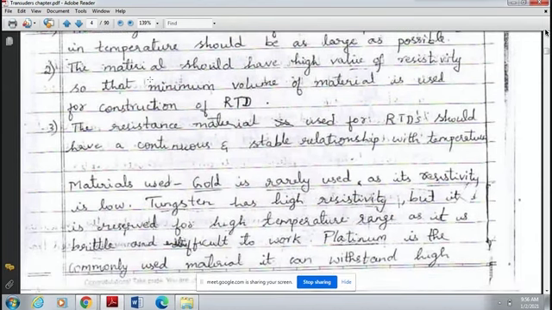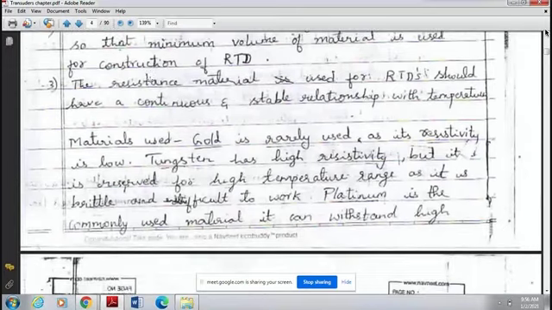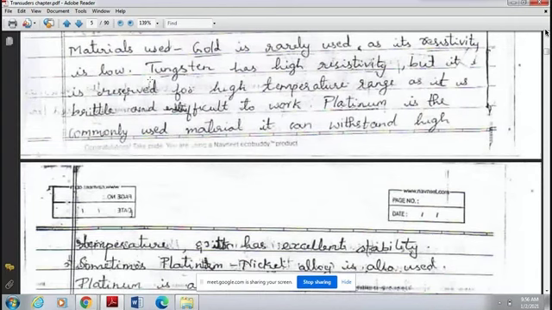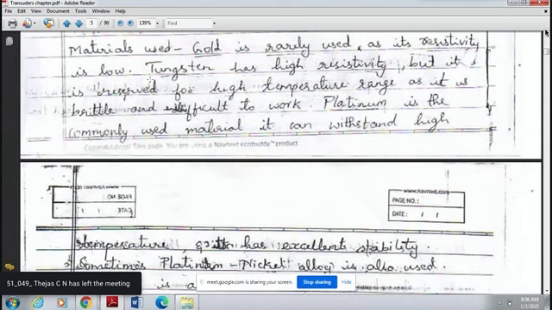Platinum is a commonly used material which can withstand high temperature, and it has excellent stability. So out of all these materials, platinum is selected as one of the best materials for measuring the temperature in the case of RTDs. Platinum has a good resistivity, it can withstand high temperature, and it has good stability.